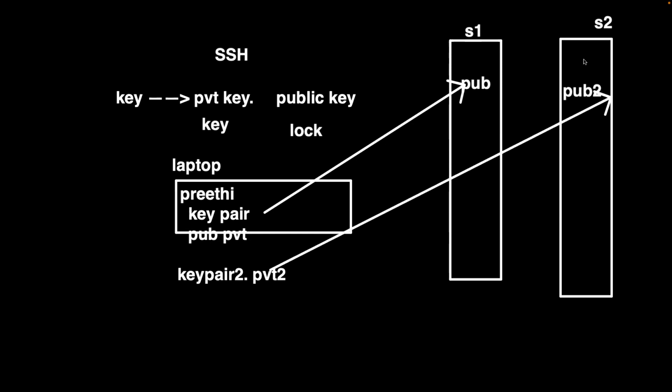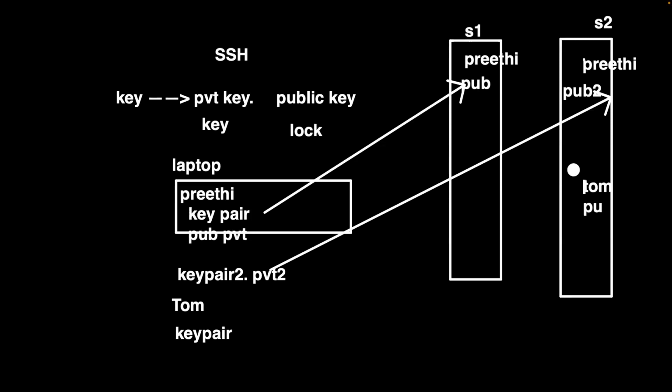As the same user, you should have the same user available here also. The user with which you are doing should be available here as well. Preeti user should be here. You can create the same users. Suppose you want to connect to some other user on this machine as Tom. So you have to generate a key pair as a Tom user. This is Tom's key pair. If Tom has to connect to this machine, here also Tom should be there.